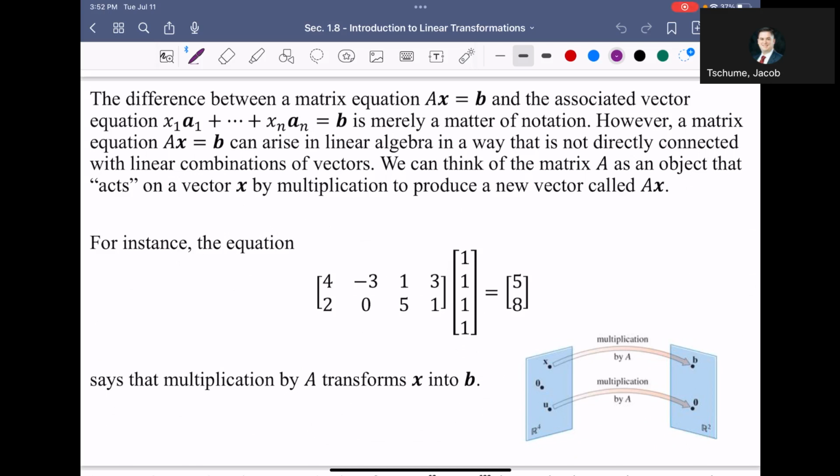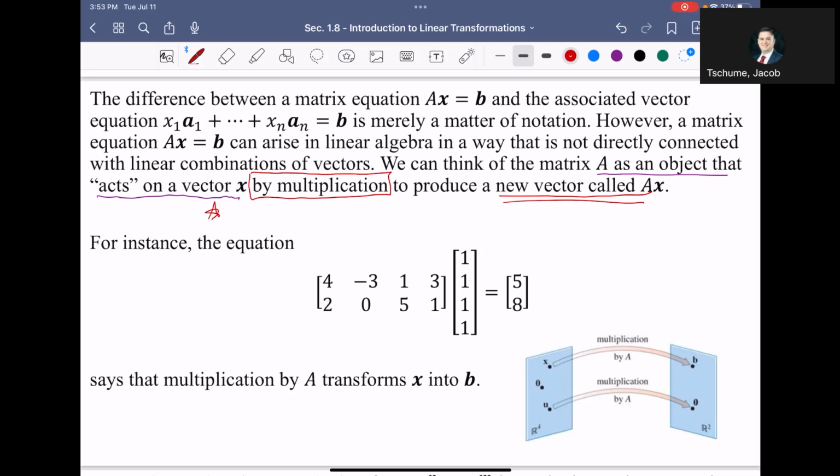So A and X are acting upon each other, and for right now, we are going to assume that acting is by the operation of multiplication that we all know how to do. What's happening here is we are transforming a vector X into a new vector that we are going to call AX.